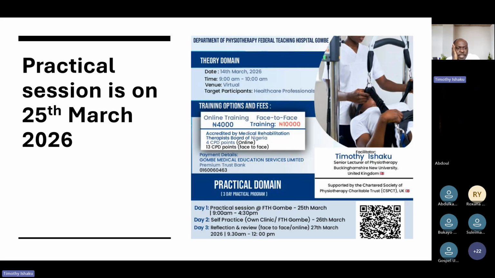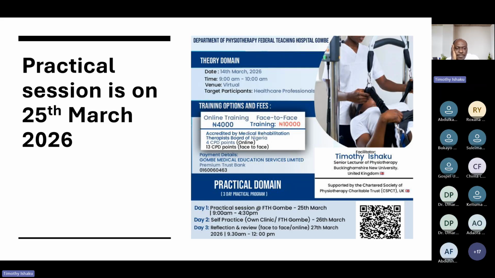So the second day is self-practice, whereby you go into your clinic and practice, or at FTH Gombe. If you are at FTH Gombe, I will not be on ground all through, but I will be visiting. I will be around in the wards, the clinic, the outpatient, just to work with you and support you on those handling techniques.